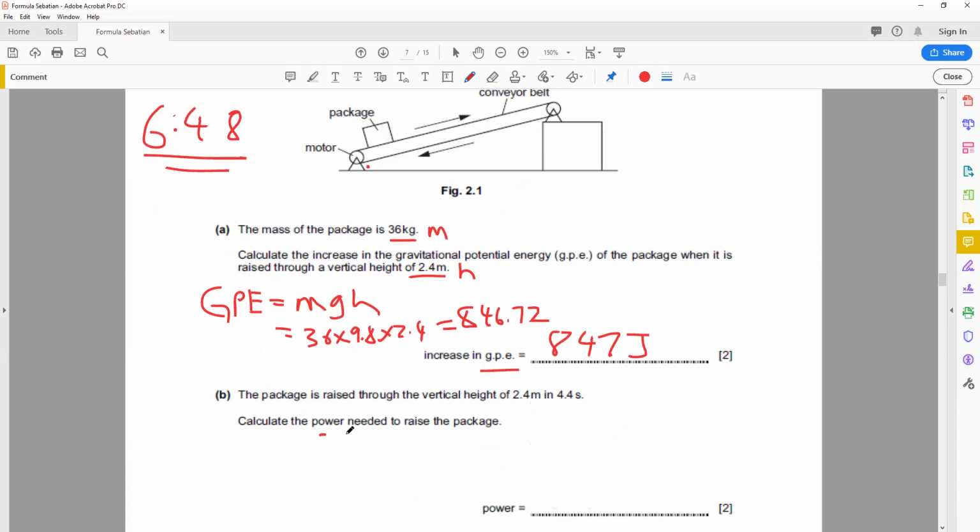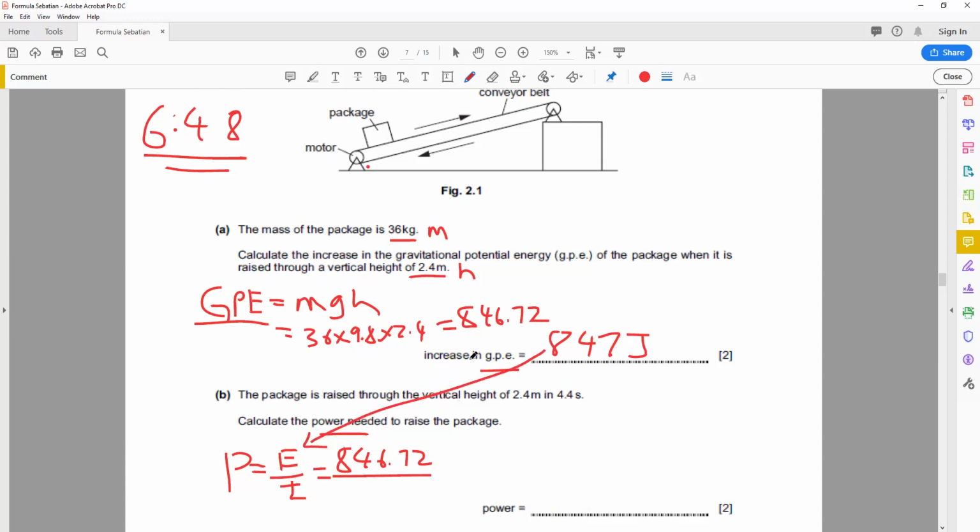And from here, you're asked to find power. Power's formula is once again energy over time. In this case here, it's obviously going to be GPE over time, right? So you write 846.72. Now, guys, I've mentioned this before, but when you have carry forward calculation, do not use the rounded up number.